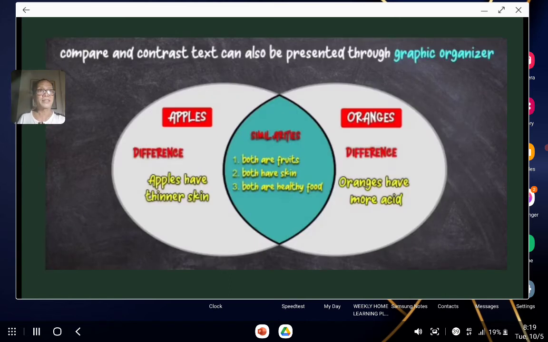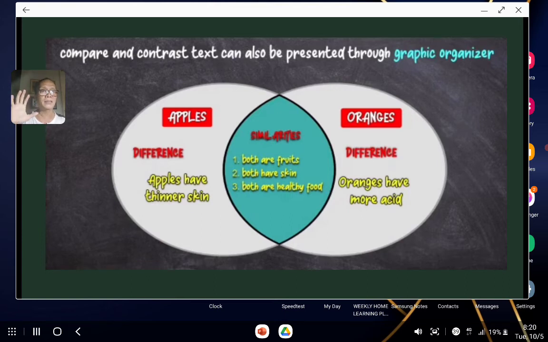Compare and contrast text can also be presented through a graphic organizer. So we have here two circles which overlap. On both sides are the fruits. The first one is the apple and the second one is the orange.